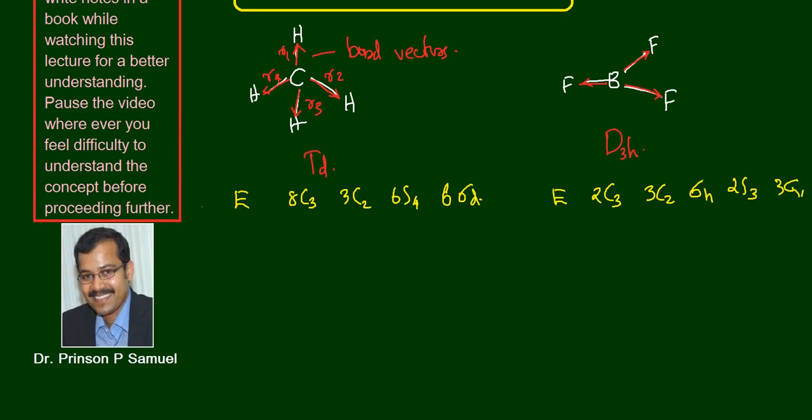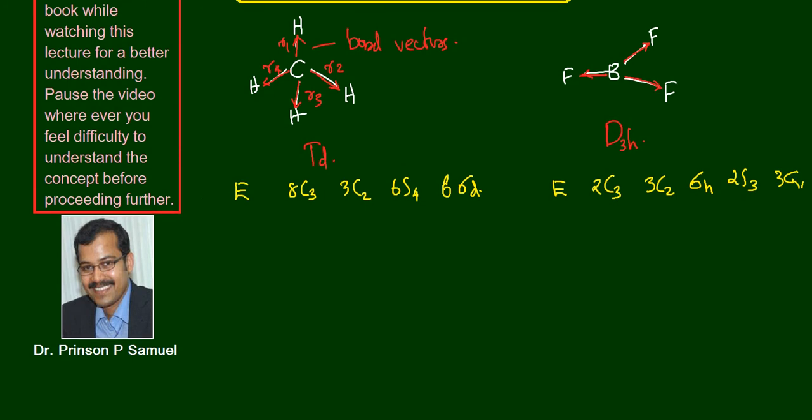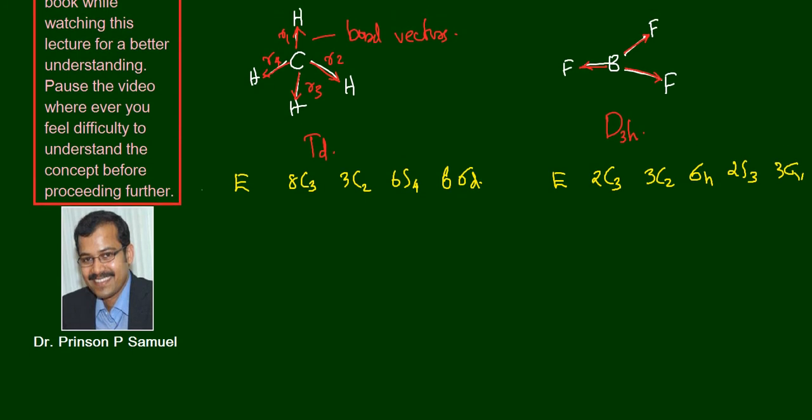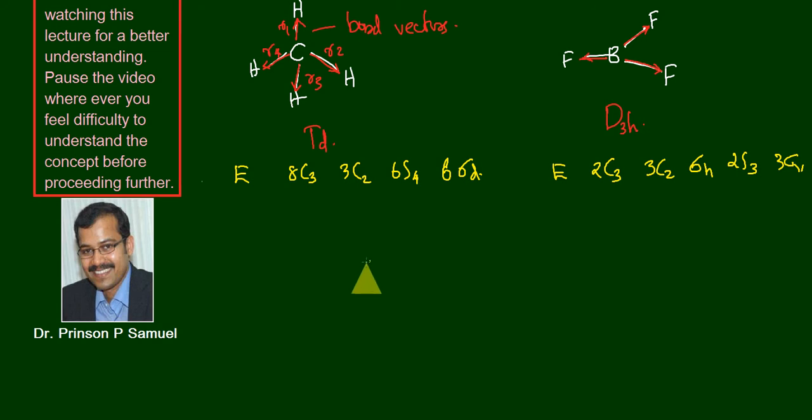So this belongs to the Td point group, so it is a tetrahedral molecule. In order to show you what happens during the symmetry operations in a tetrahedral molecule, let me put that tetrahedral molecule inside a cube. That is the best way to understand the symmetry operations in the tetrahedral molecule. Let me make a cube here.